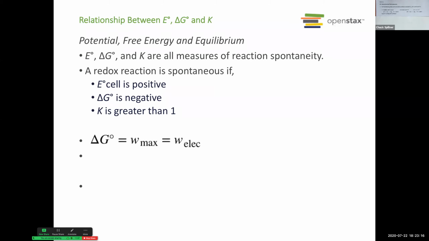Remember, we go way back, the definition of energy is something that can do work. So in terms of a galvanic cell, the work that a galvanic cell can do is electrical work. And that electrical work comes from the flow of the electrons.